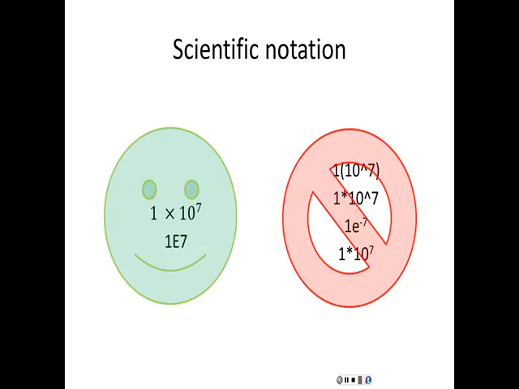Those have no place in technical writing. The only appropriate ways to express scientific notation are the ones on the left, where you have a number, the times symbol, and 10 to the exponent, or an engineering style notation where you use a capital E for the shorthand. All of these others on the right hand side should not appear in formal technical writing.